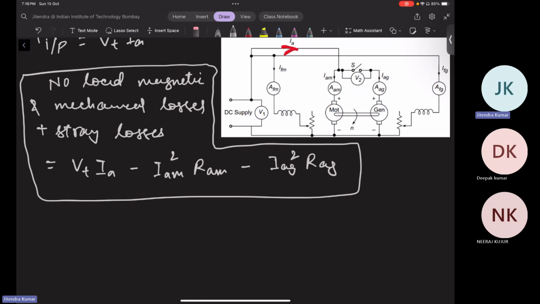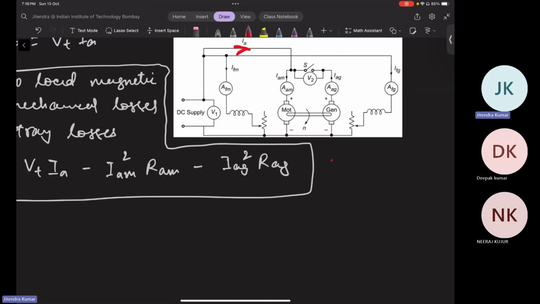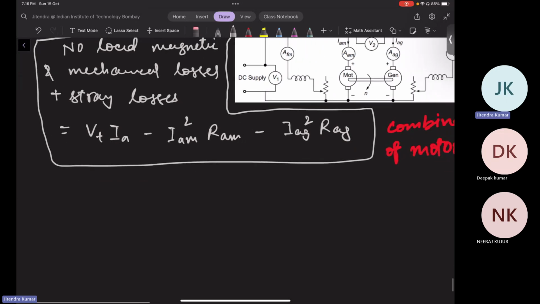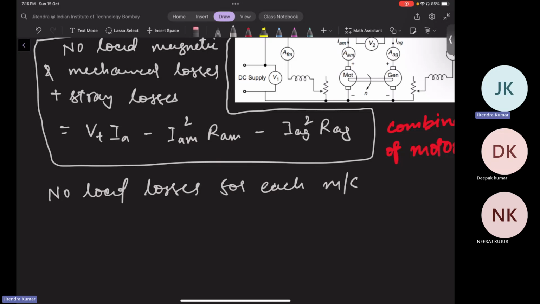Now, this is for both the machines, the combination of motor and generator. So now, the no load losses for each machine will be how much? It will not ideally be half, but to identify the approximate numerical value, we just divide by half.